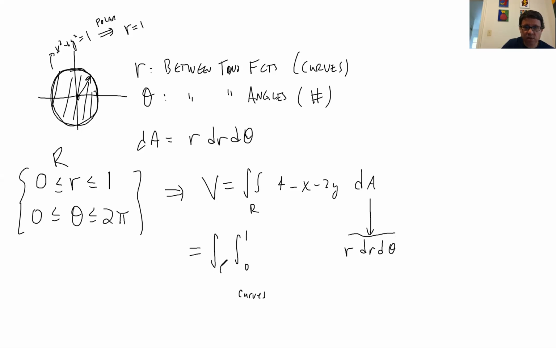The theta is 0 to 2 pi. And now I got to convert the inside as well. This will be 4 minus r cosine theta minus 2r sine theta. So the x becomes r cosine, the y becomes r sine.